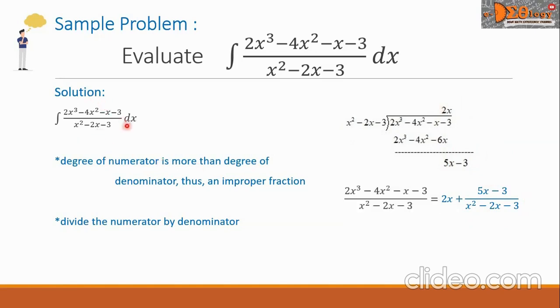This fraction here is equal to this expression. It means our integral can be expressed as the quotient here. So we have the integral of 2x dx plus the integral of (5x minus 3) all over x squared minus 2x minus 3 dx.